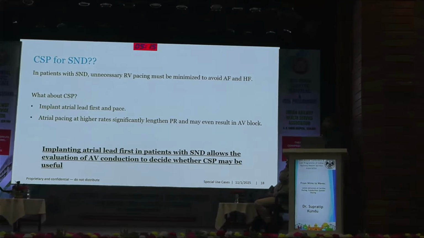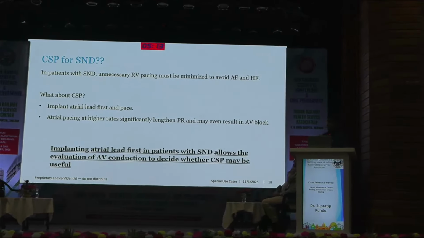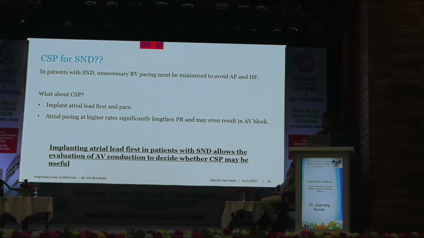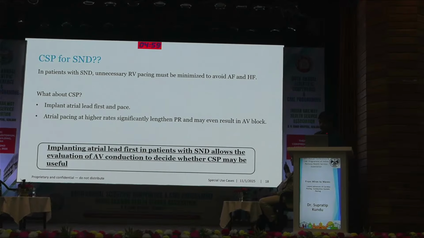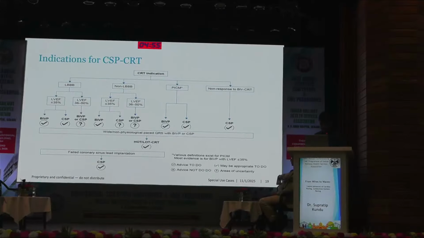So in sick sinus syndrome, we can use conduction system pacing to reduce the amount of RV pacing, and RV pacing generally induces atrial fibrillation in this type of patients.